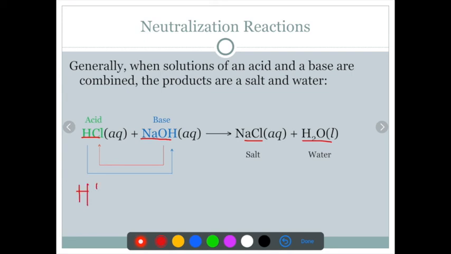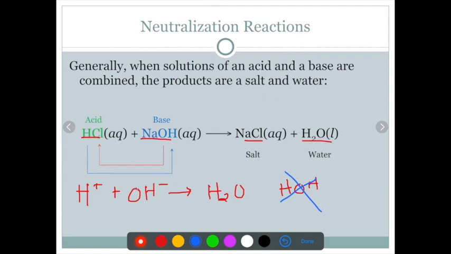That's what makes it an acid. The base has the hydroxide. That's what makes it a base. So when I get hydrogen and hydroxide together, it forms water, okay? So don't write HOH. That's wrong. It's water. So that's why you always get water.